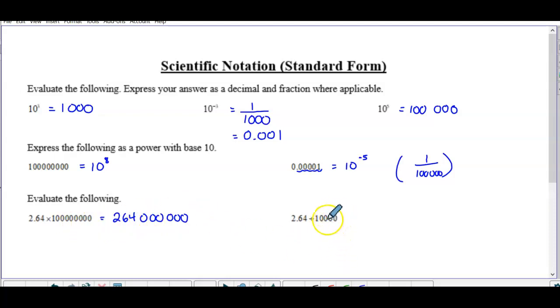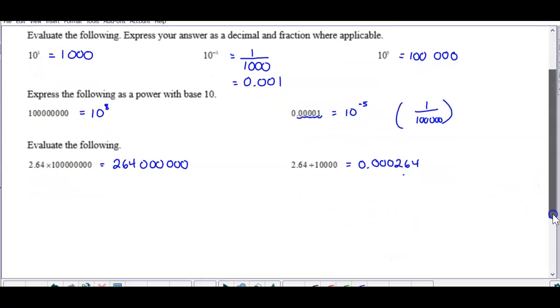Here, dividing by 10,000, 2.64, that would be 0 point, and then we're moving 4 decimals to the left. So we're really filling in with 3 zeros. The decimal was there, 1, 2, 3, 4, based on the number of zeros.